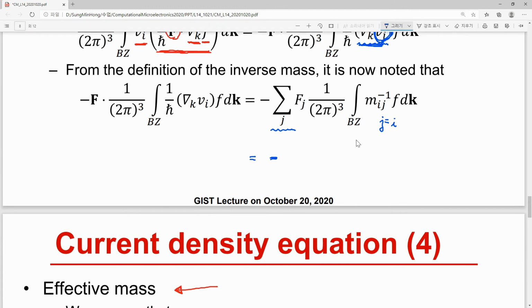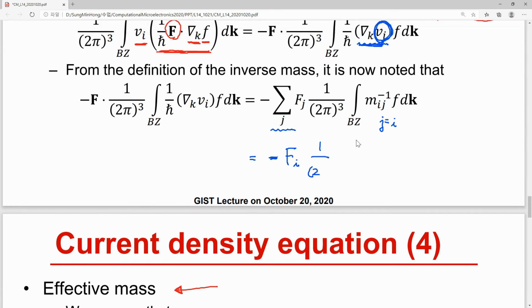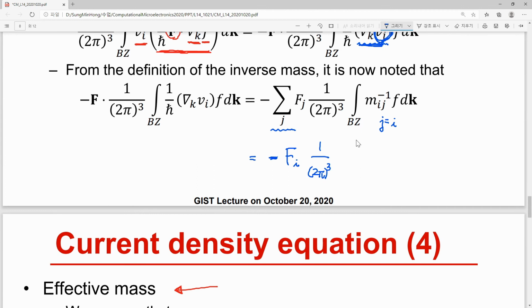So now, instead of j, we can say f_i and 1 over (2π) cubed and integration over momentum space, and this inverse mass now just becomes 1 over m star times f.